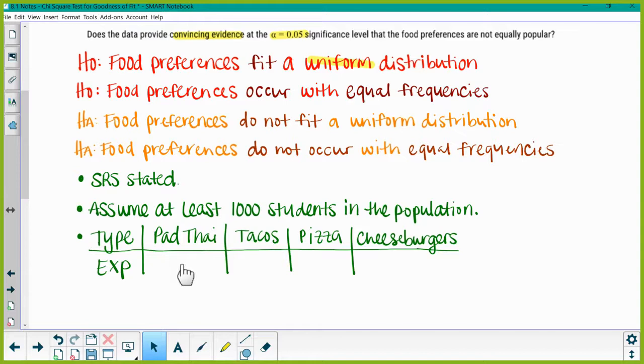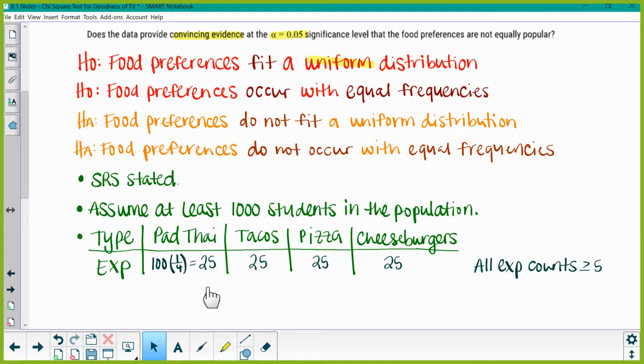So for expected counts, if I had 100 students surveyed and I have four categories, if I expected it to be equally popular for each food category, then I would expect to see 25 students in each category. So 25 students liked pad thai, 25 students liked pizza, 25 students liked cheeseburgers.